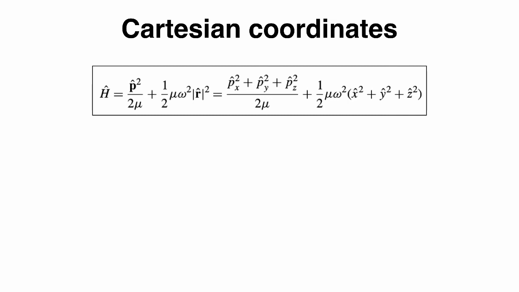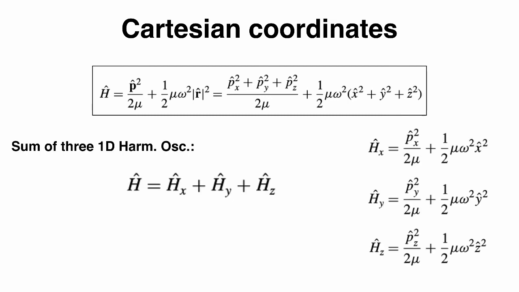We can expand p squared as px squared plus py squared plus pz squared, and likewise r squared equals x squared plus y squared plus z squared. What's important in this equation is the notation. Look, we have a hat symbol everywhere. We are talking about operators. These are no longer numbers, these are operators. It means that to solve this problem, we need to find the eigenvalues of the Hamiltonian, therefore the eigenvalues of the operators that we are talking about. This is the job we have to do.